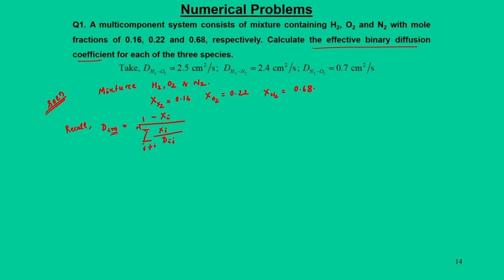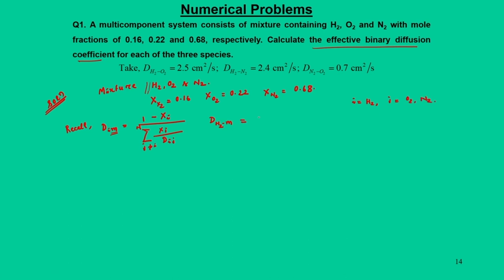If I want to write this for D H2 m, here i is H2, j can be O2 and N2.